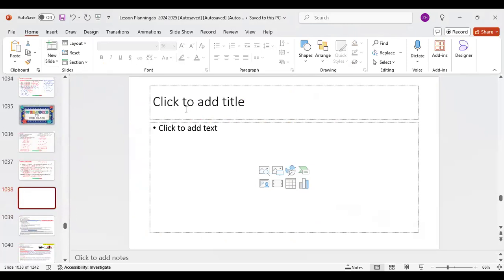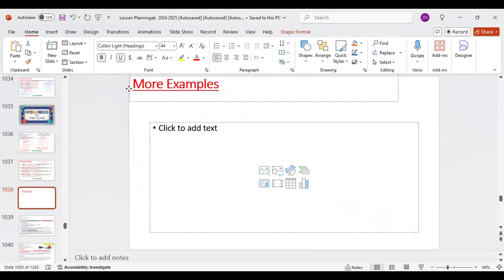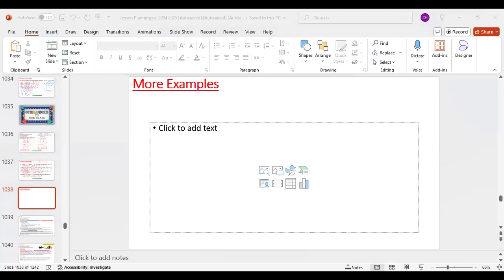Let's do more examples. For more examples, we're just going to look at different expressions where they ask us to substitute, different ways they can bring it to us.